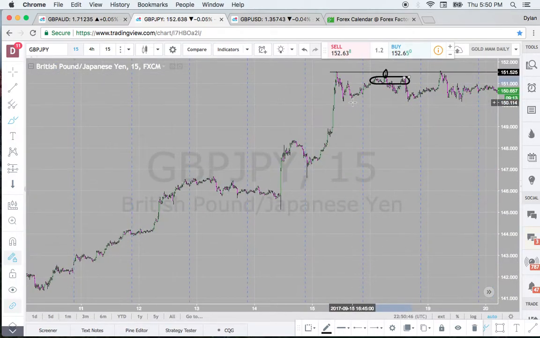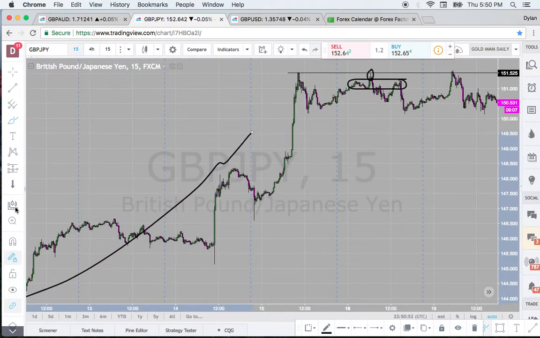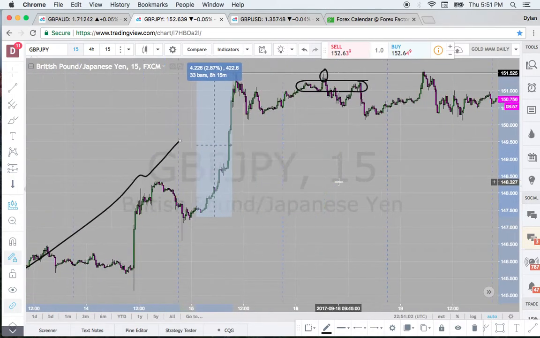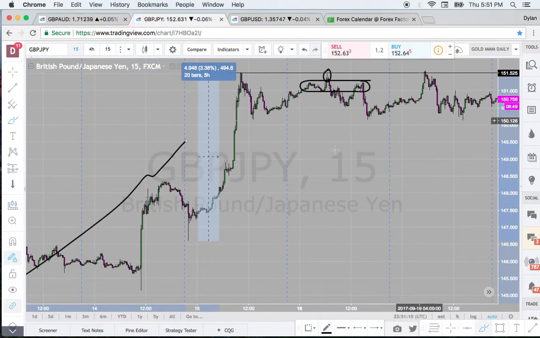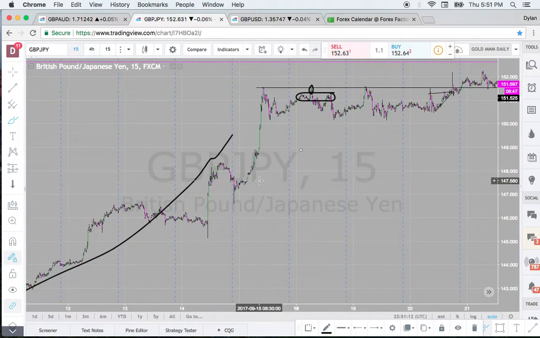Why? Because there's this massive uptrend, and in one day, it shot up 430 pips, just about, in one day. In that one day, there was almost a 500 pip range on that one pair, GBP JPY. They're not going to go any higher, you guys.